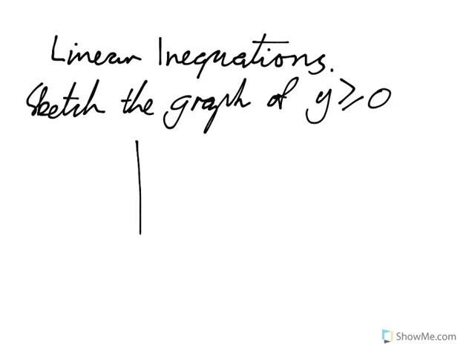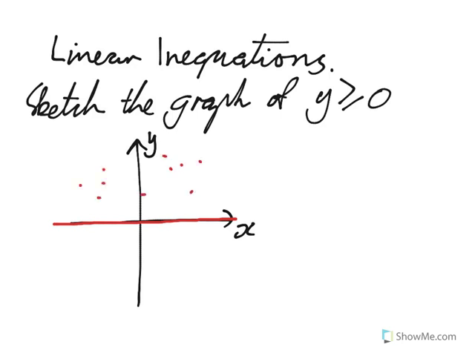It goes on our Cartesian plane, of course. There's our Cartesian plane. y is greater than or equal to 0. Well, y is equal to 0 along that line there, and y is greater than 0 up the top here, above that line.